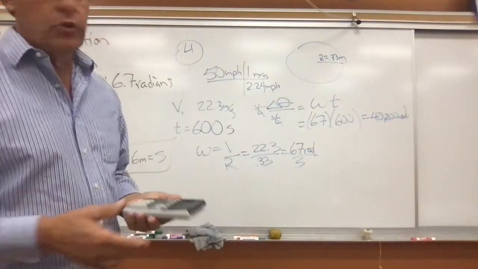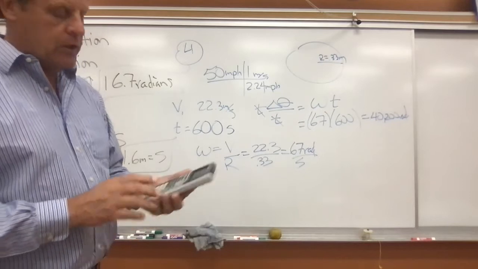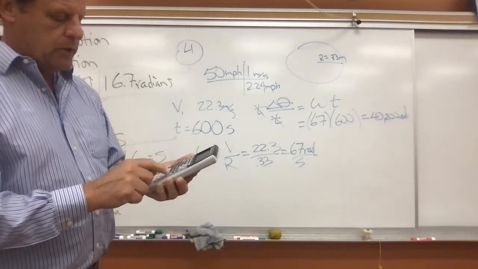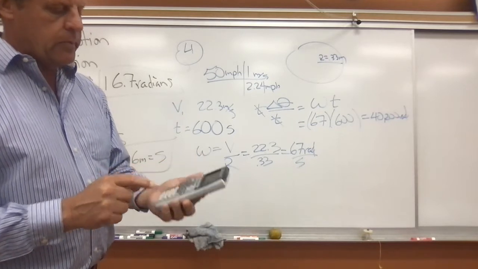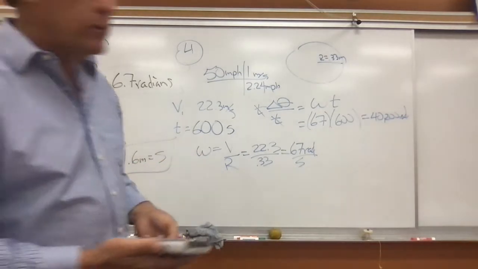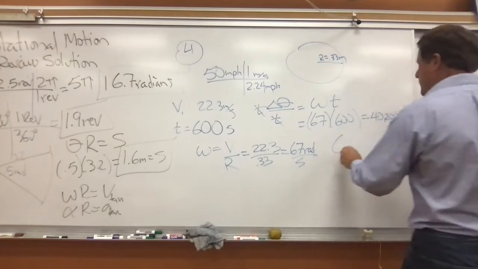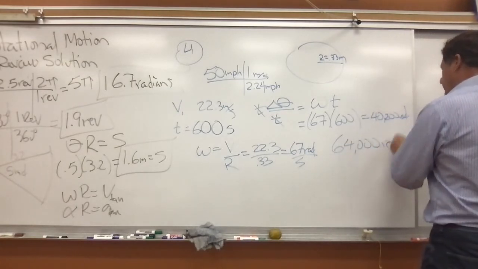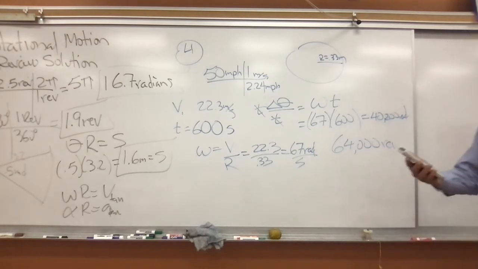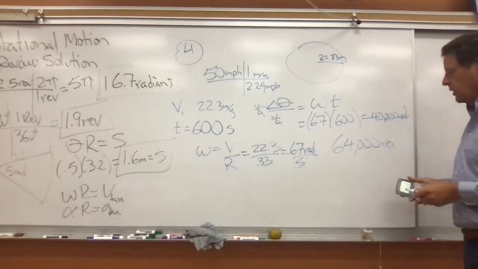We wanted revolutions, so we divide that by 2 pi. That's basically going to be 6,400 revolutions. It's actually 6398, but we're going to round that up.